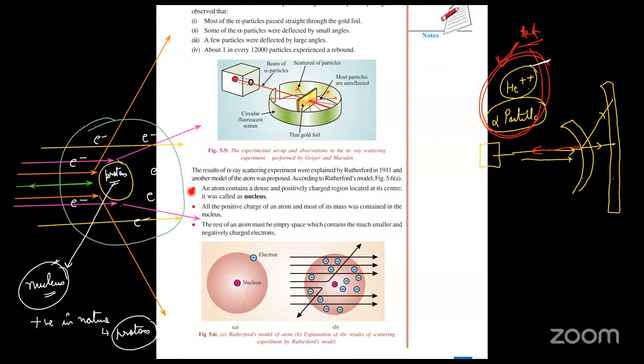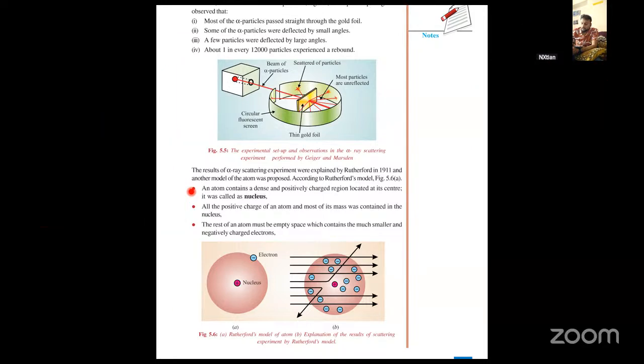All the positive charge of an atom and most of its mass was contained in the nucleus. The rest of an atom must be empty space which contains the much smaller and negatively charged electrons. So basically the electrons are around the nucleus. This is how Rutherford explained his experiment.